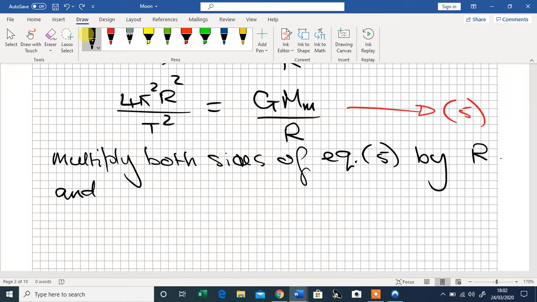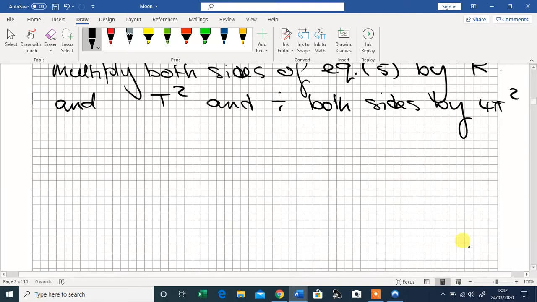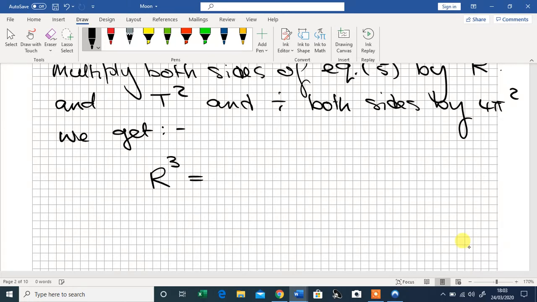So I'll put the t squared there, by r and t squared, and divide both sides by 4 pi squared, we get r cubed equals g big M little m t squared over 4 pi squared.